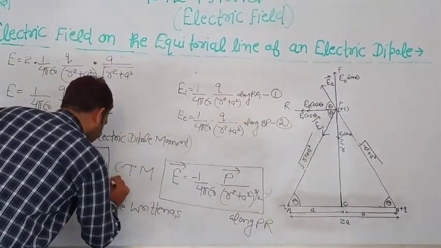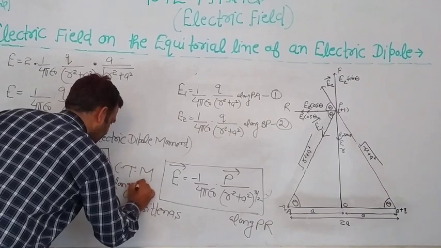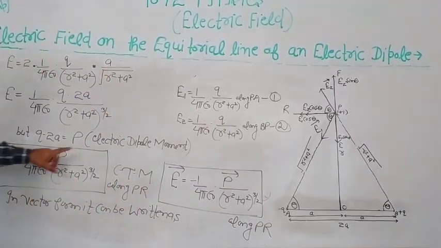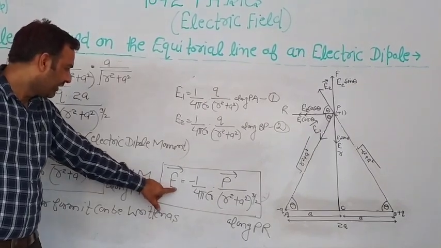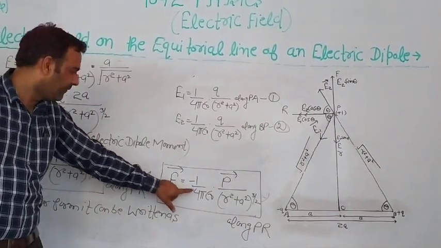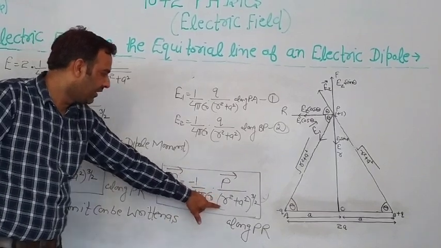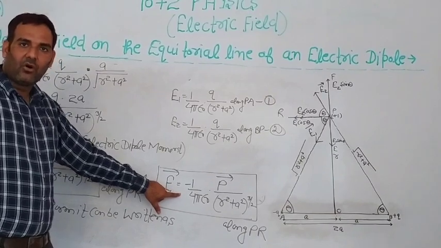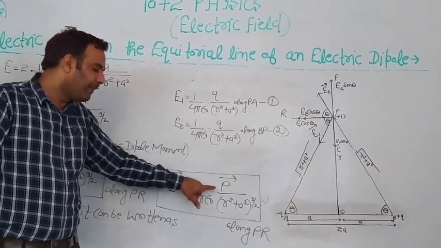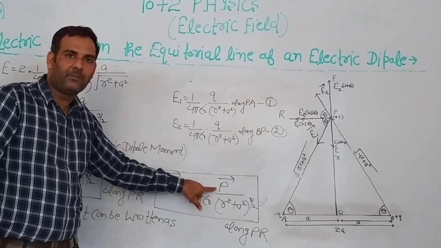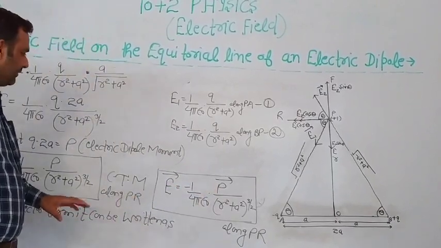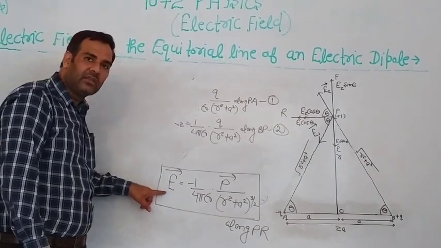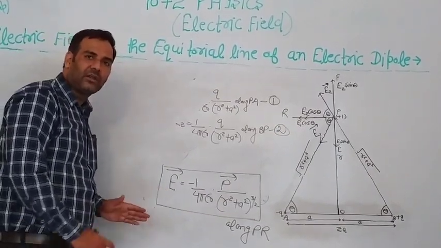Here the negative sign is introduced because the electric field is opposite to the direction of the electric dipole moment.